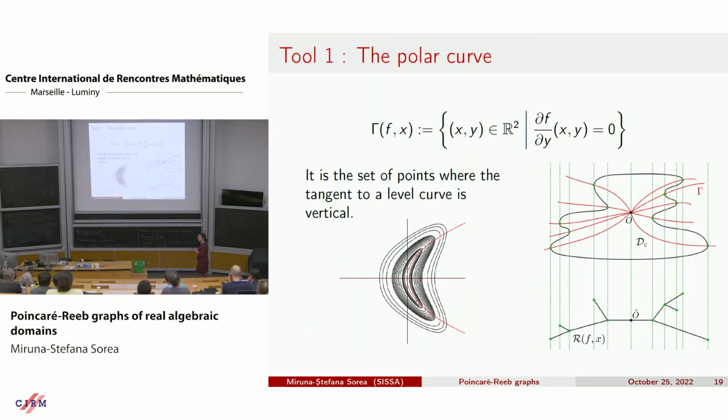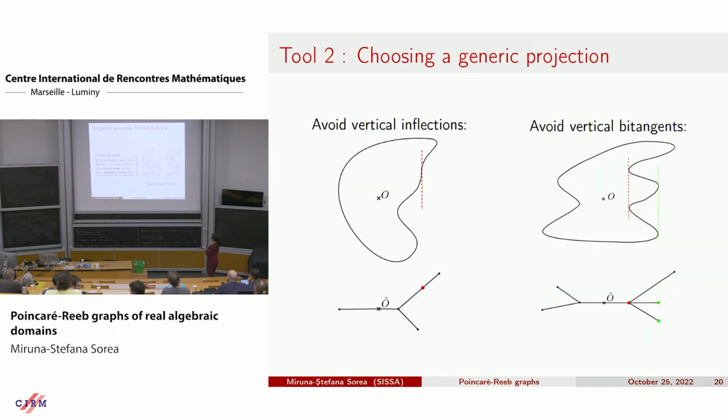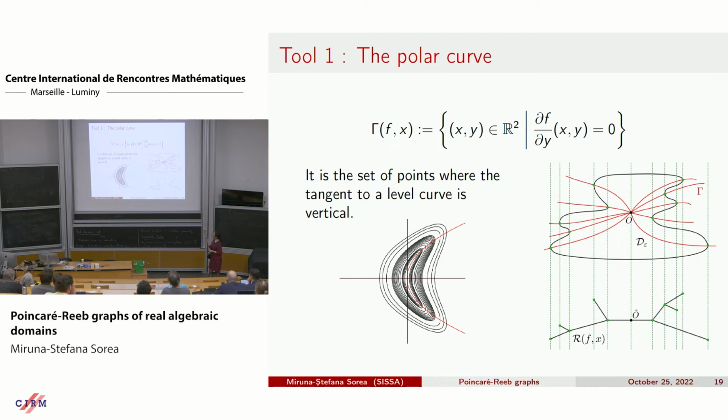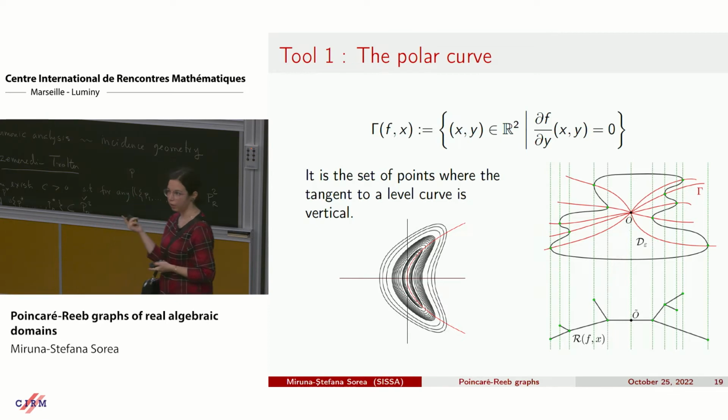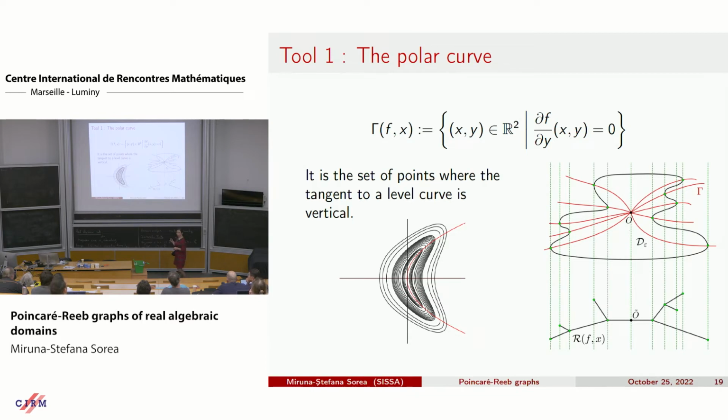What tools do we need in order to make such a construction? So the first tool is the real polar curve. By definition, this is the set of points in the real plane where the partial derivative of f with respect to y vanishes. So geometrically, it's the set of points in the plane where the level curves have vertical tangency points. When we consider these level curves in families, each such level has a point, and the points move along the branches of this red curve.